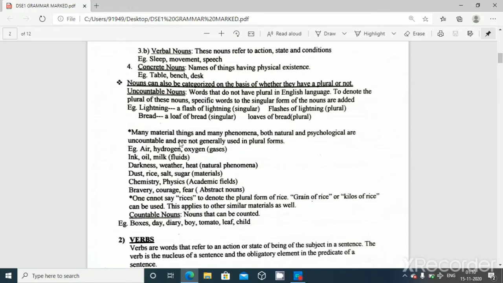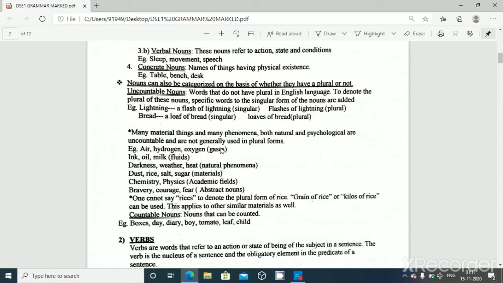We do not have to use the plural form for many material things. Very funny examples we will get here. Just think about hydrogen, oxygen, certain gases, air. We never say airs. No, air. It's as a whole unit we talk about it, so we do not even think about the plural form. Hydrogen, oxygen.